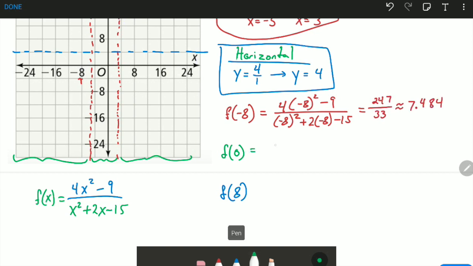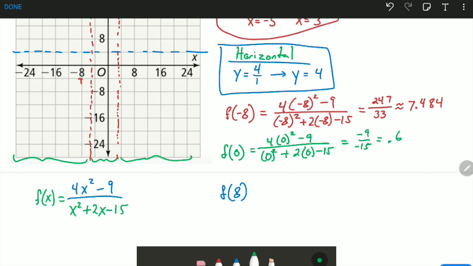Plugging 0 in, we're going to have 4 times 0 squared minus 9 over 0 squared plus 2 times 0 minus 15, simplifying to be -9 over -15, which would be, as a decimal is what I wanted, 0.6 as a decimal.